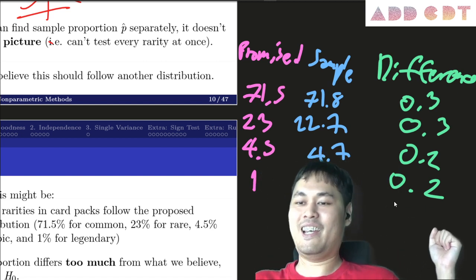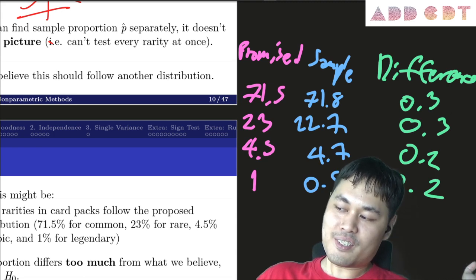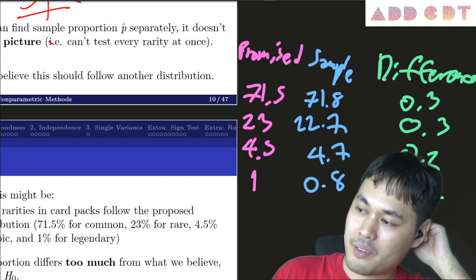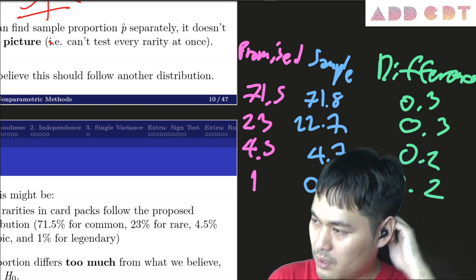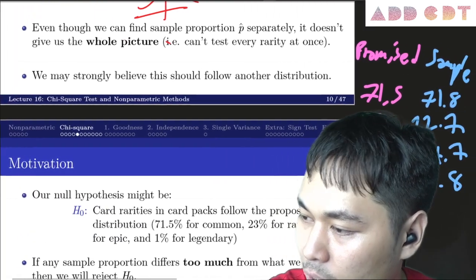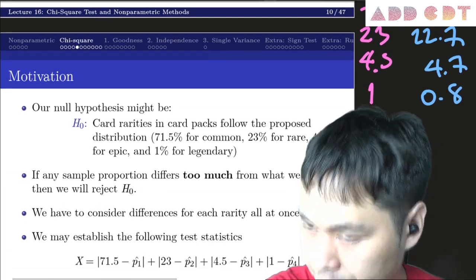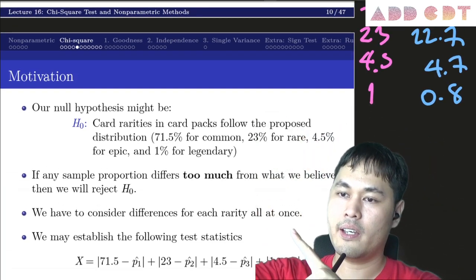Alright, so now we get some kind of nice numbers. The next step is, can we use this difference to work out some values?